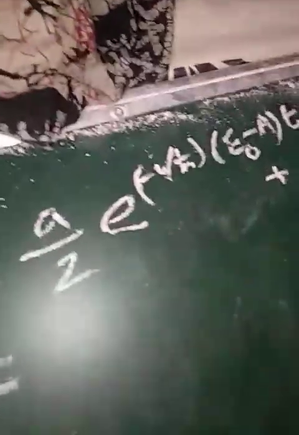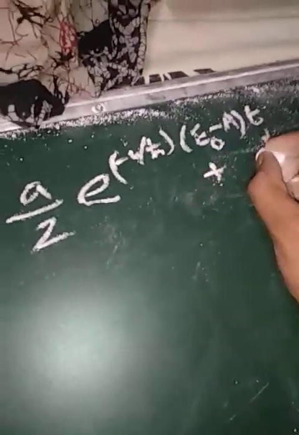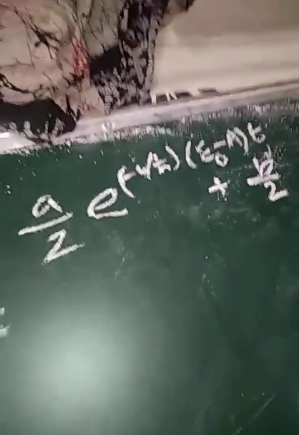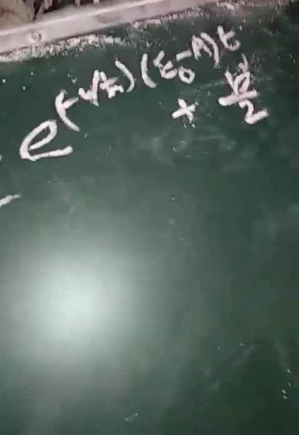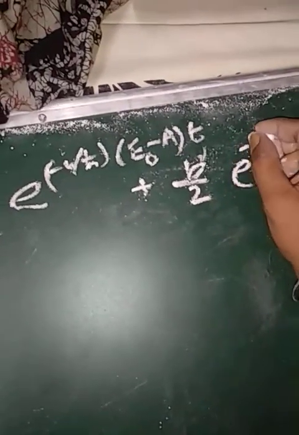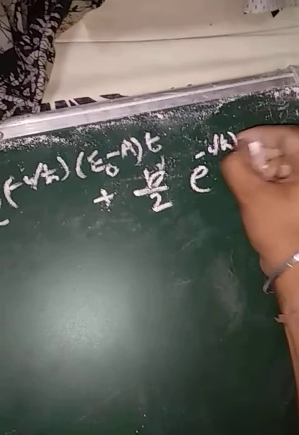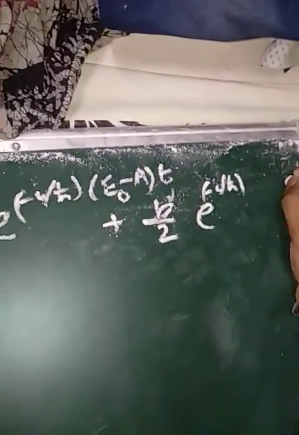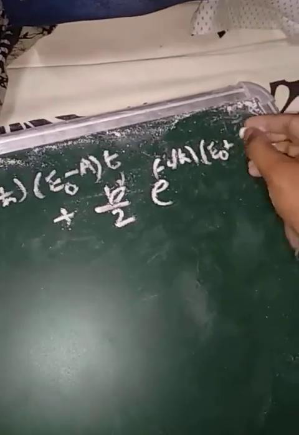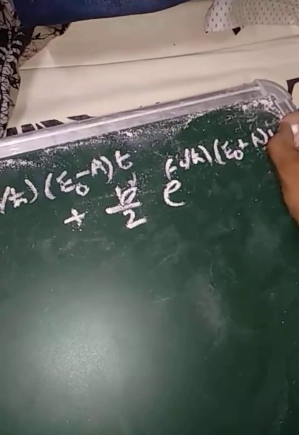If it is not legible here, we'll start from here, then it will be understandable: B by 2 into e to the power minus i by h cut into (E naught plus A) times time.